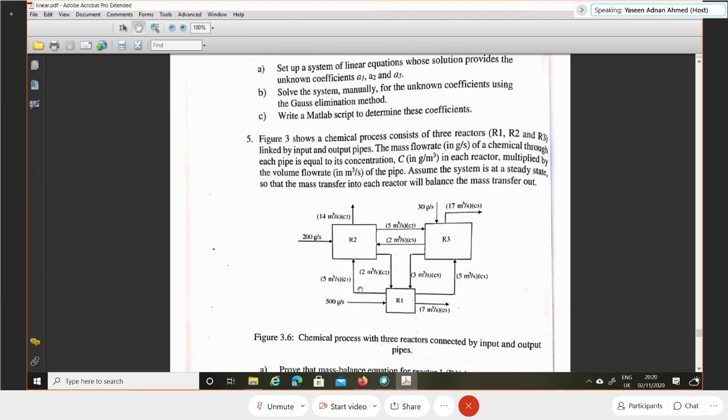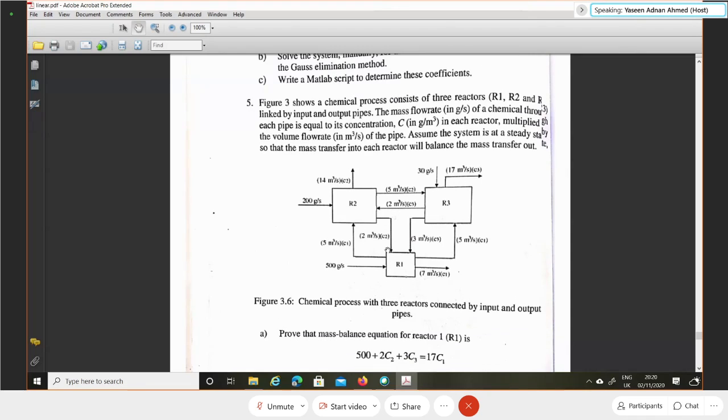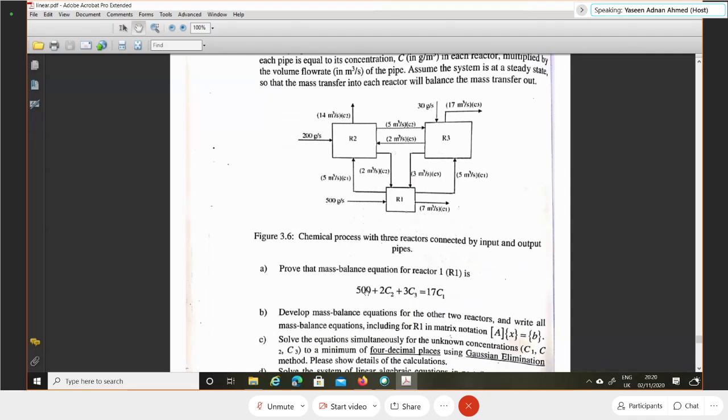Please read the problems. This one you can also see in the previous class test. There are 3 reservoirs, and we need to write 3 equations for R1, R2, and R3 based on the inlet and outlet. Try to find it out. One relationship is already given to you, and for R2 and R3 you have to find it out.